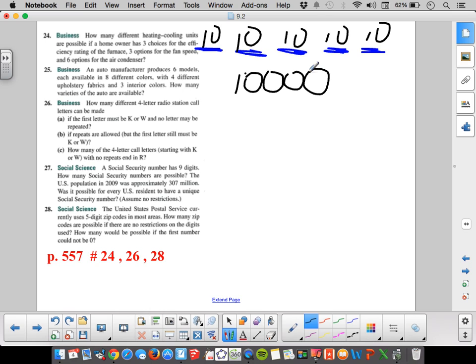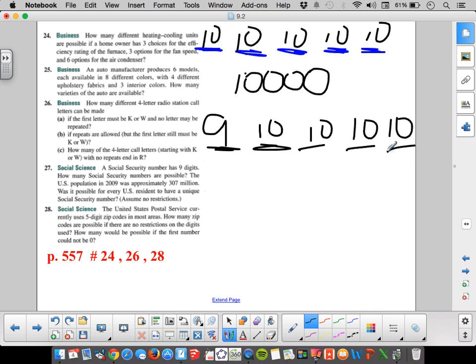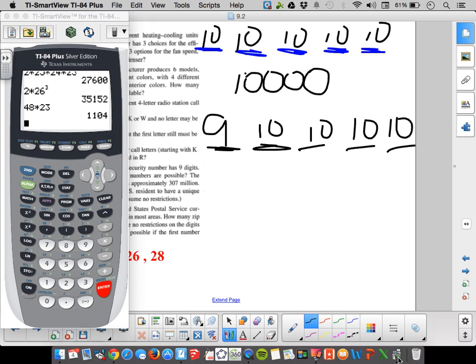So now let's look at the second question that it asks. It says, how many would be possible if the first number could not be a 0? Well, then we look at the first position and we say it can't be a 0, so there are only 9 options for that first one. But we still have 10 options for the other 4. So I have 9 times 10 to the 4th.